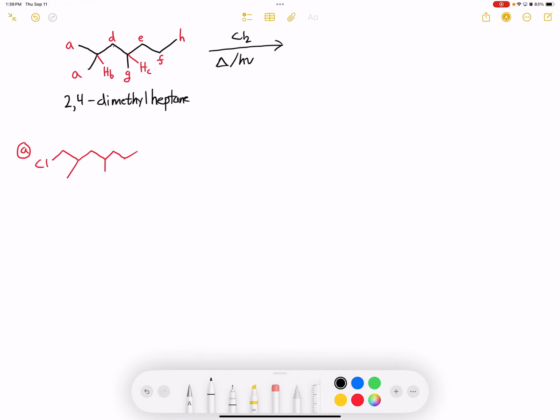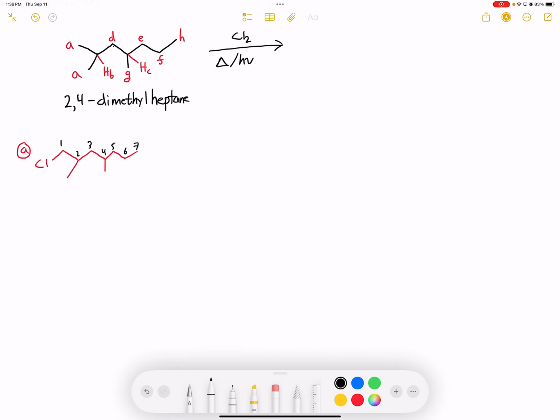Okay, good. So where would I start numbering this time? Is it still going to go left to right, or right to left? Left to right. Okay. So we get 1 chloro. I'll just number this one: 1, 2, 3, 4, 5, 6, 7.